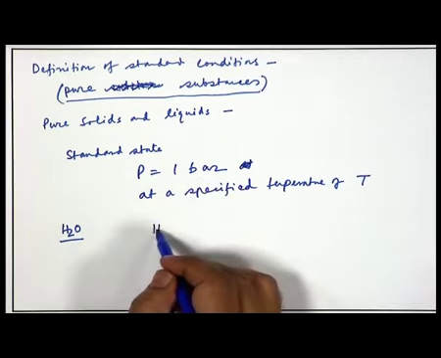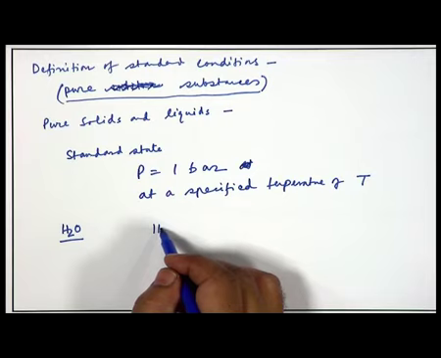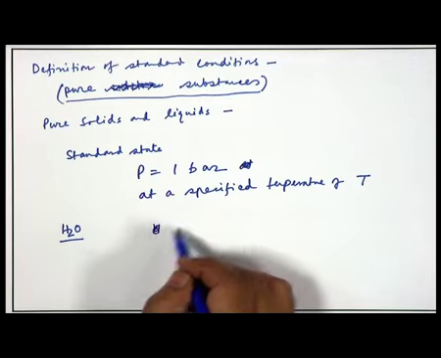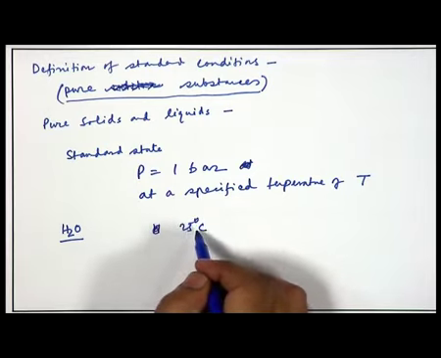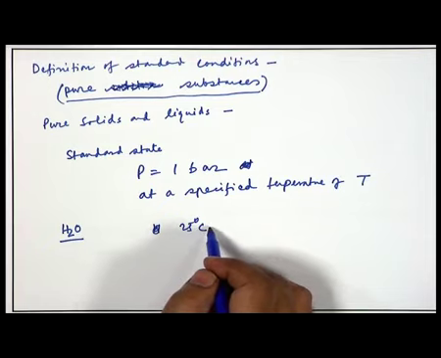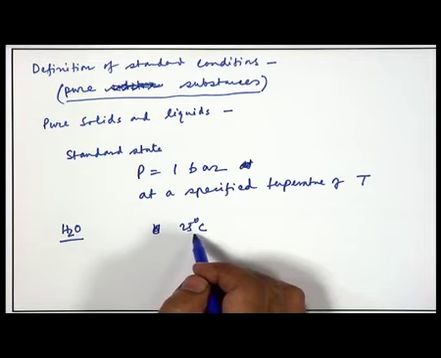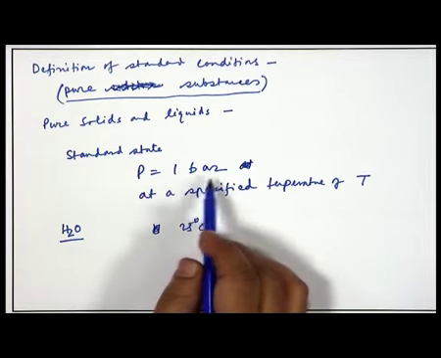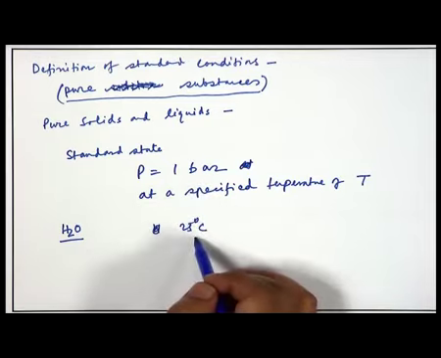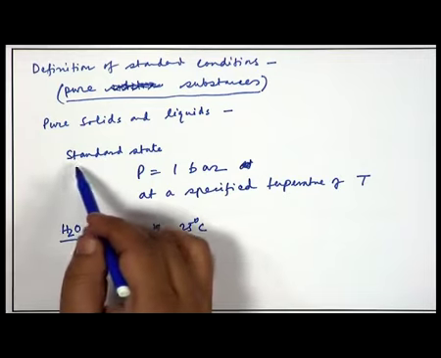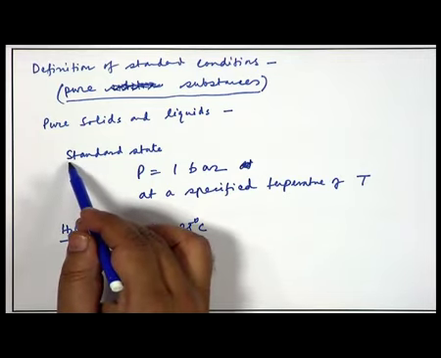So, if we want to write the standard state of water at 25 degree centigrade, then it would be water at 1 bar pressure and at 25 degree centigrade, which means the standard state is not a fixed state.